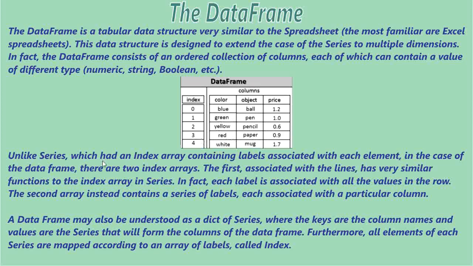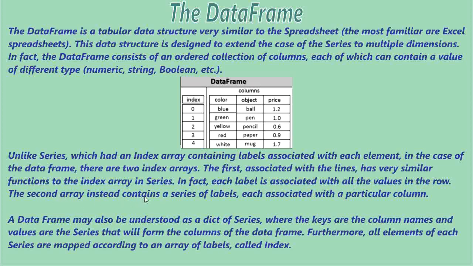Unlike series, which had an index array containing labels associated with each element, in the case of the data frame, there are two index arrays. The first, associated with the lines, has very similar functions to the index array in series. In fact, each label is associated with all the values in the row.